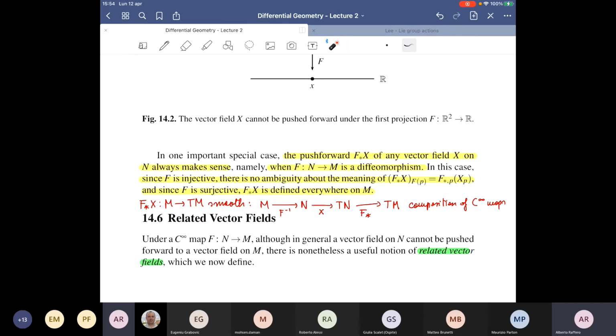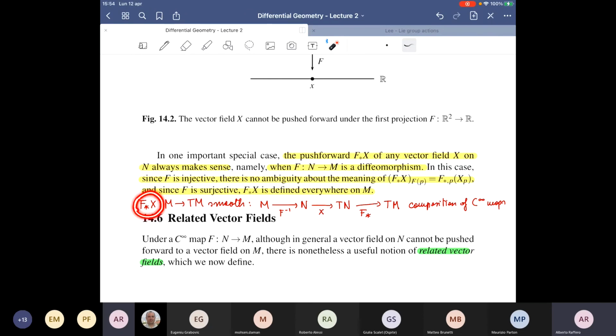And an easy way to see why it is smooth is just using composition of smooth maps. So you start from M, apply the inverse of F, which is a smooth map. You will end up in N. Then you have X, which is a smooth vector field. And then you have the induced smooth map that the diffeomorphism F induces at the level of tangent bundle. So this is a smooth bundle map.